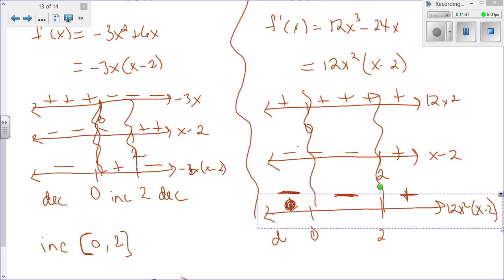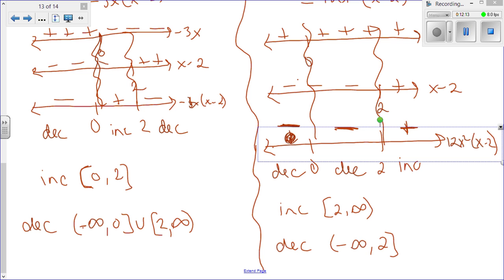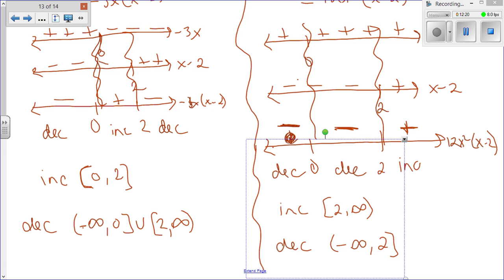So I am decreasing, decreasing, increasing. So the actual intervals: I'm increasing from 2 to infinity, and I'm decreasing from negative infinity to 2. Not too bad. The next one gets a little bit trickier.